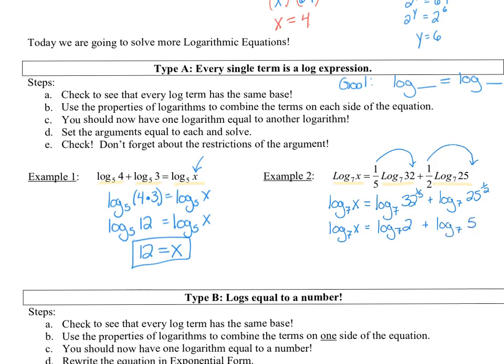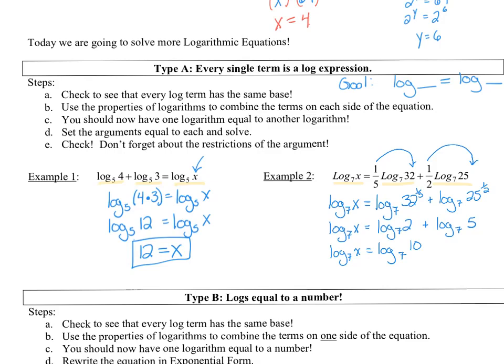Now that we dealt with those exponents, we can add the two logs together, which is the same thing as keeping one of the logs and multiplying the arguments together. So 2 times 5 is 10. And now we met our goal where we have single logs on both sides of that equal sign.